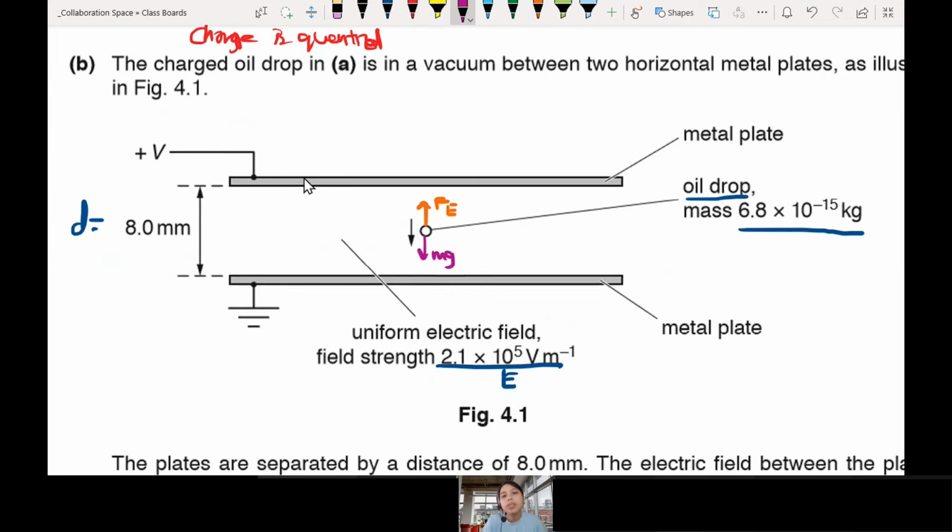Now we look at the setup of the electric field. This one is positive. This one is, what is this? This is ground, a symbol for earth, which means here will be 0 volts. Low potential. So electric field lines will point from high potential to low potential, so something like this.